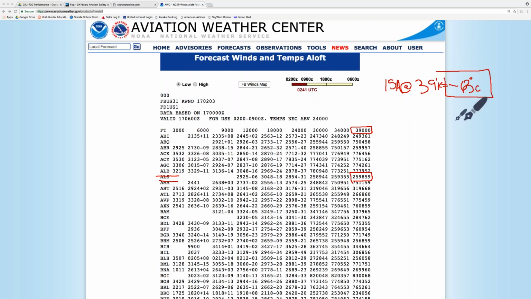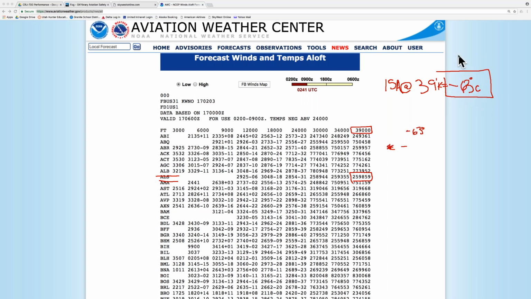Now, when we're looking at the ISA deviation, we're going to take that -63 degrees. Hold on. Positive, negative cancels it out. My bad.